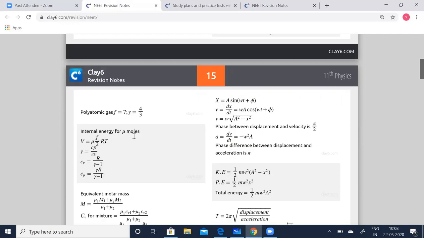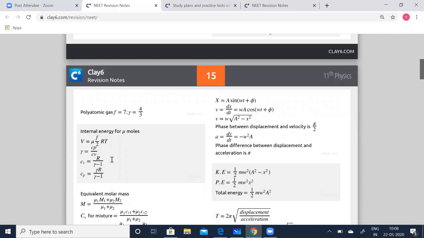The internal energy for mu moles, where mu is the number of moles, is U equal to mu times f by 2 RT, where f is the number of degrees of freedom. Now you know gamma is equal to Cp by Cv.